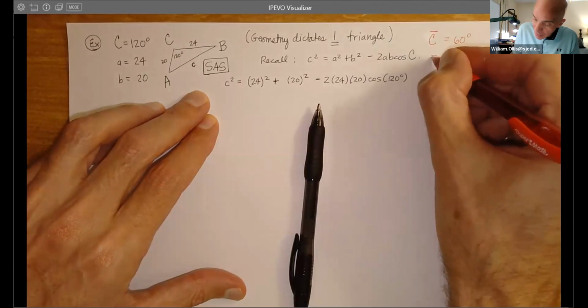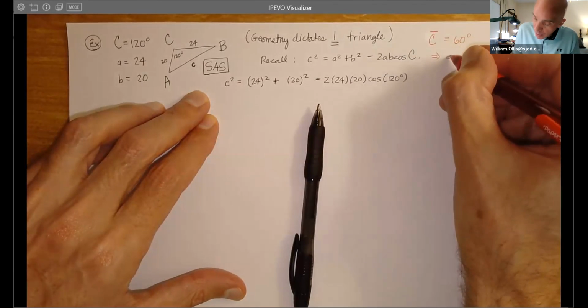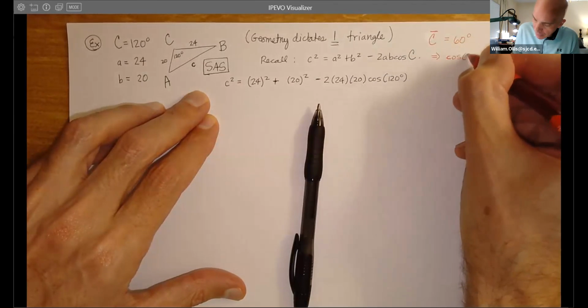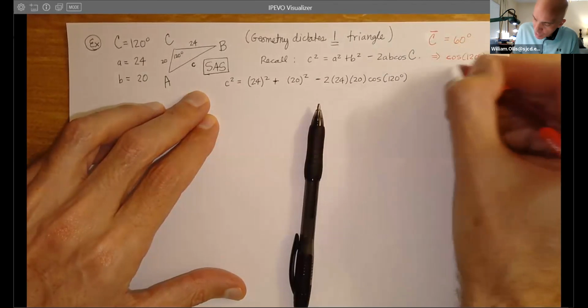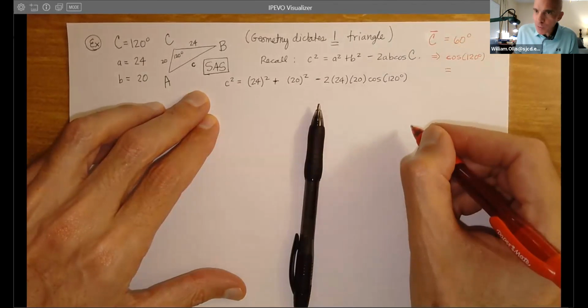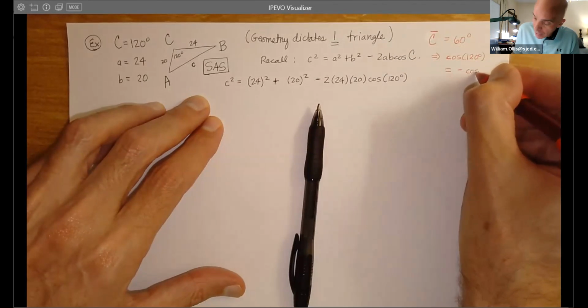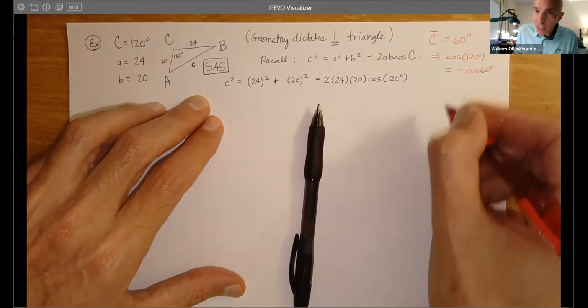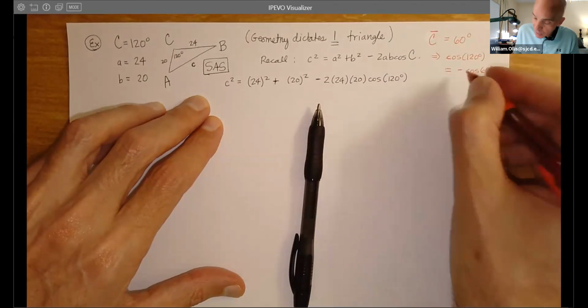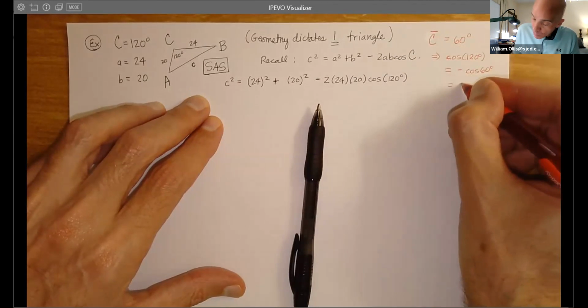So this implies that cosine, again, very simple calculations. I'm just taking this to the side as practice for the upcoming test, would just be the negative of cosine of 60 degrees, which we used in our theorem proof for law of cosines. So this will just be negative 1/2.